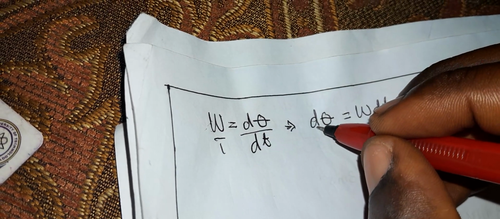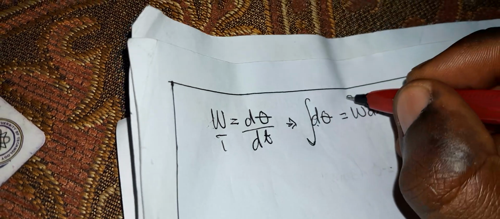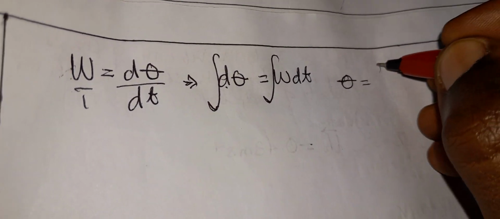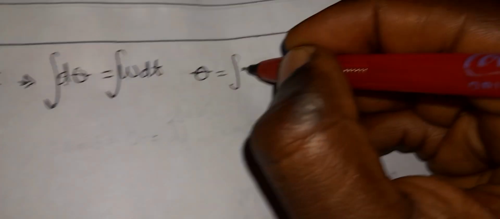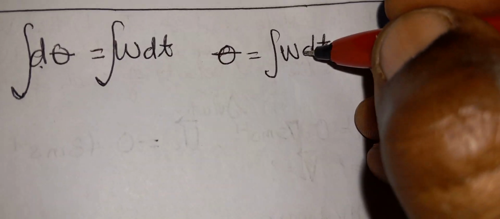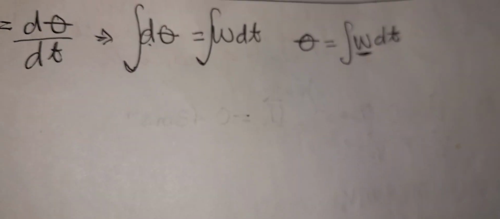We want to take away this derivative, so we integrate both sides. It now becomes theta equal to the integral of omega dt. Now what is omega? Omega is what we just finished solving.